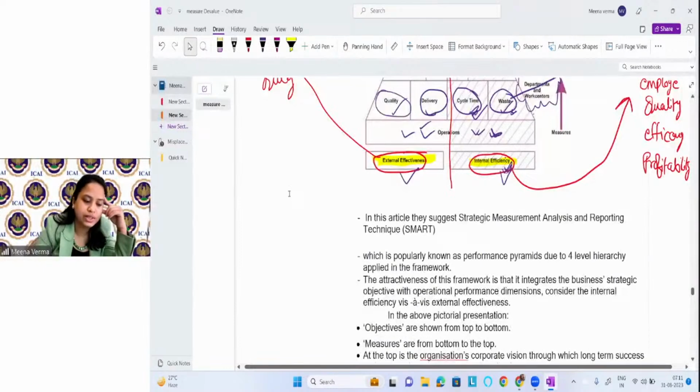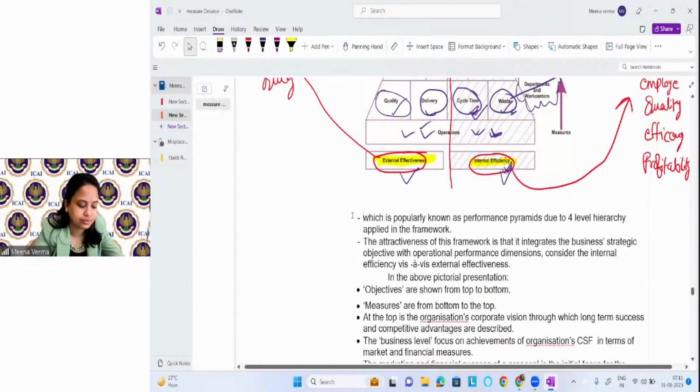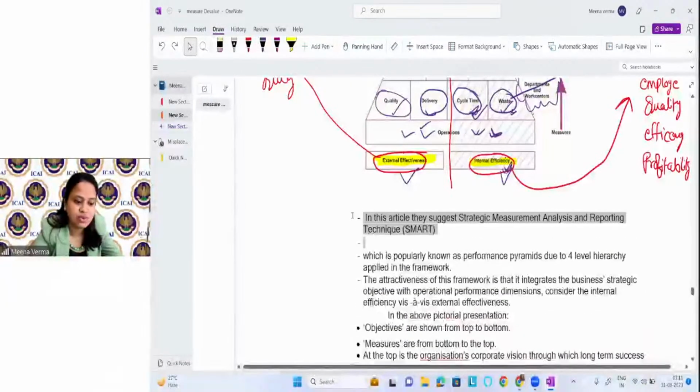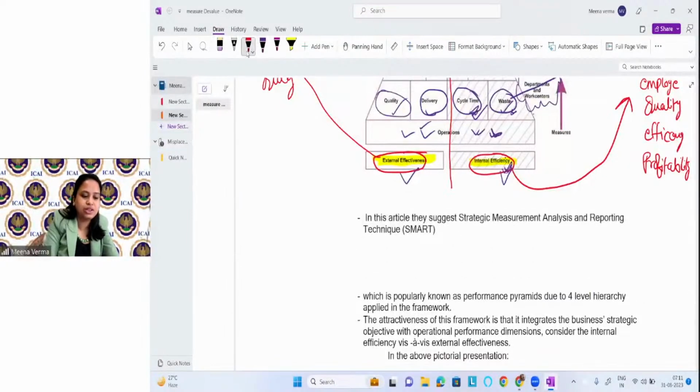So in this article, they suggest smart measurement analysis and reporting techniques. So it's a smart technique, right? Acha, what is the meaning of smart here, ma'am? Smart means whatever reporting the company is doing, whatever measurement the company is having, it should be specific.